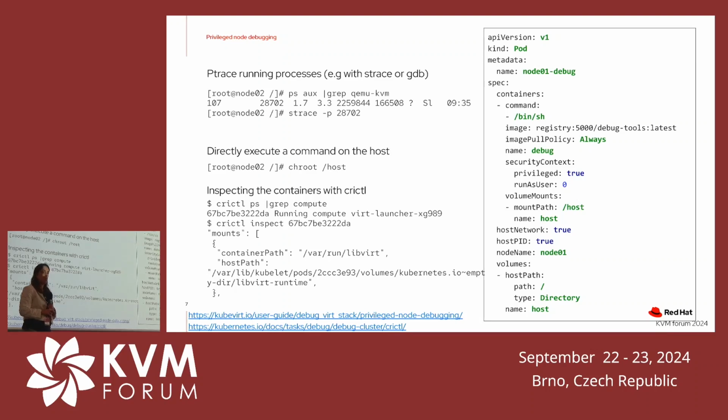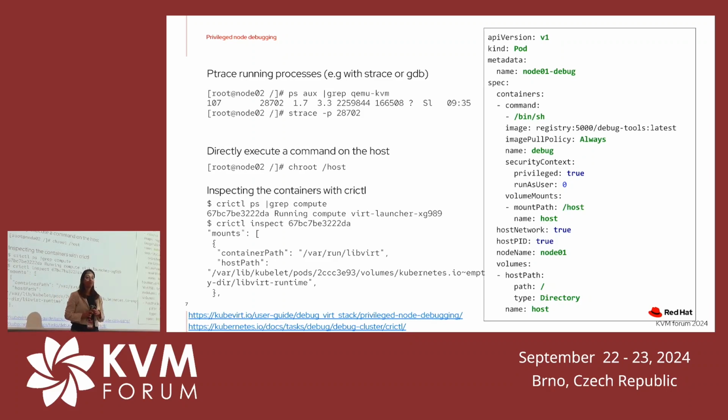Something that is also possible when you run as privileged is directly executing commands on the host. As we saw, the file system of the host is mounted inside the container. So what you could do is chroot into that directory, and then you are directly on the host.